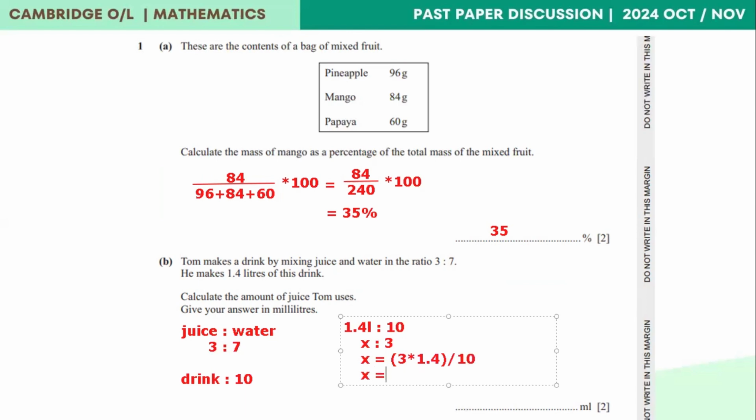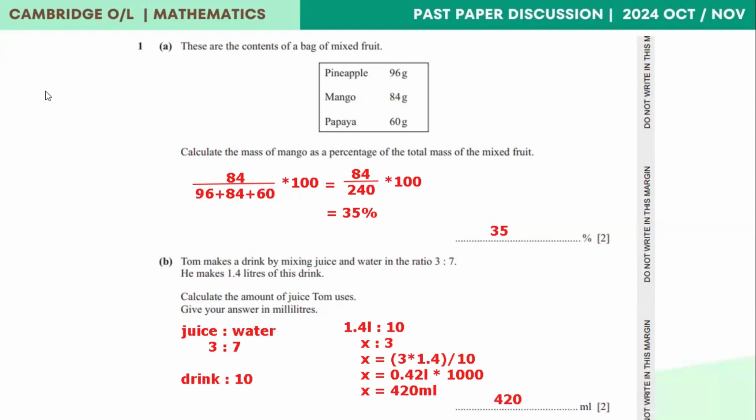You can put it in a calculator. X will be equal to 0.42 liters. If you want to convert liters to milliliters, you have to multiply by 1000. Then it would be 420 milliliters. So that's the answer.